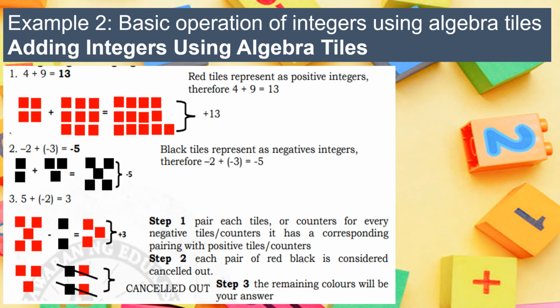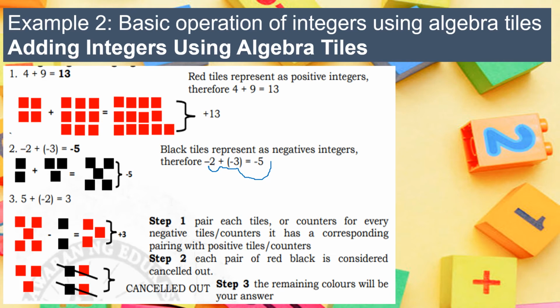So, the answer is positive 13. Next, number 2, negative 2 plus negative 3 equals negative 5. Black tiles represent negative integers. Therefore, negative 2 plus negative 3 equals negative 5.